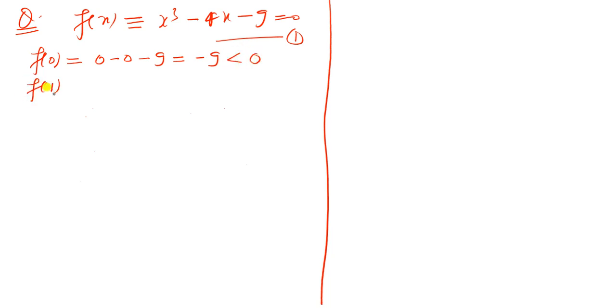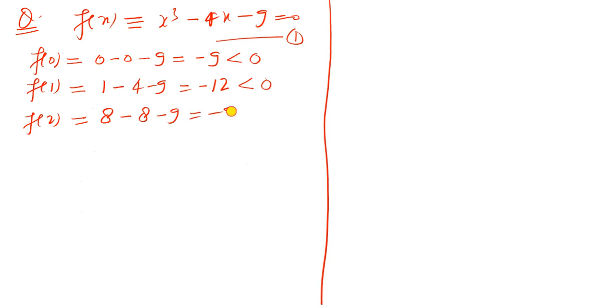Now put x is equal to 1, then 1 to the power 3 is 1, minus 4 into 1 is 4, minus 9, so this is minus 12, which is less than 0. Now put x is equal to 2: 2 to the power 3 is 8, minus 4 into 2 is 8, minus 9, is equal to minus 9, which is less than 0. Now put x is equal to 3 in equation 1.